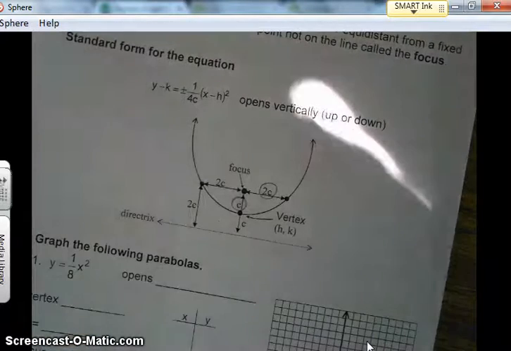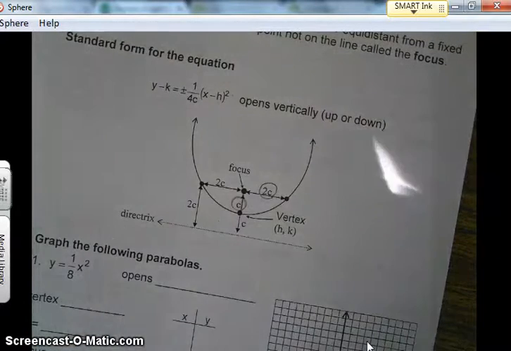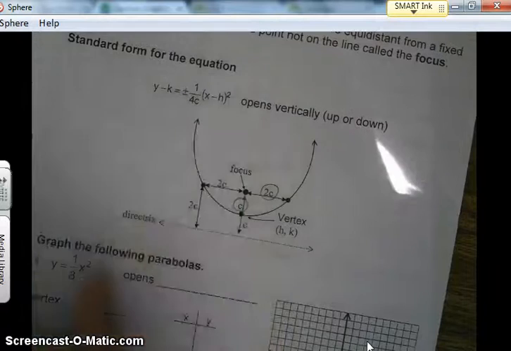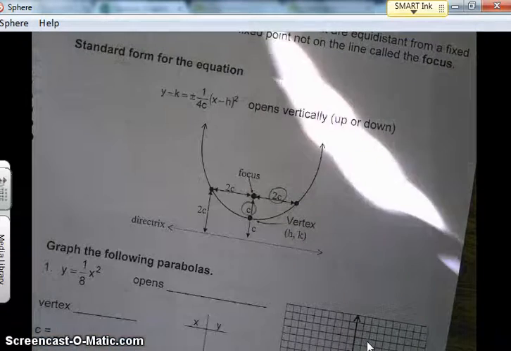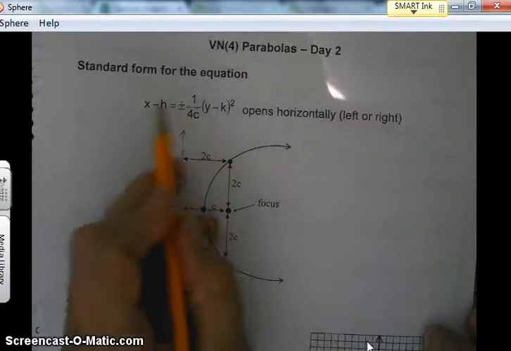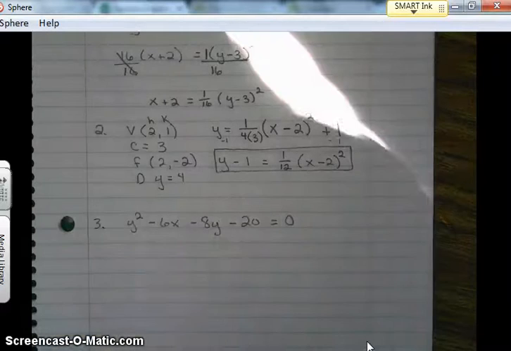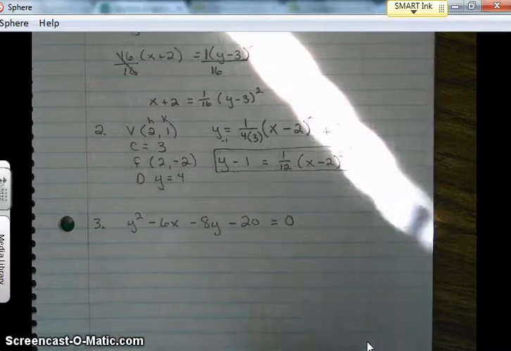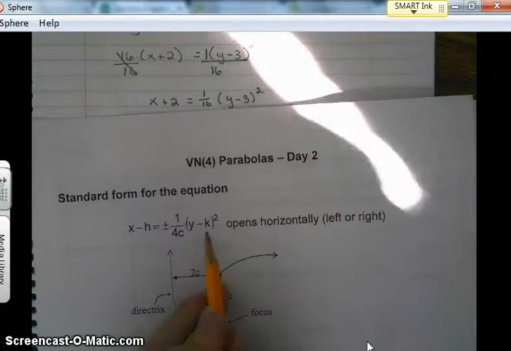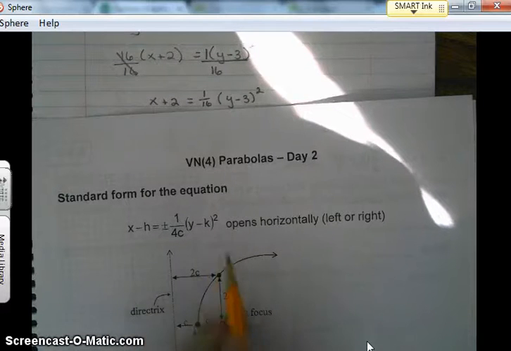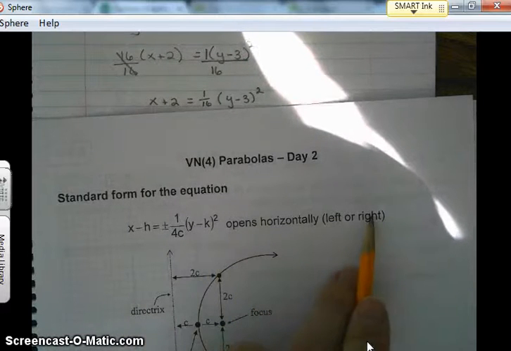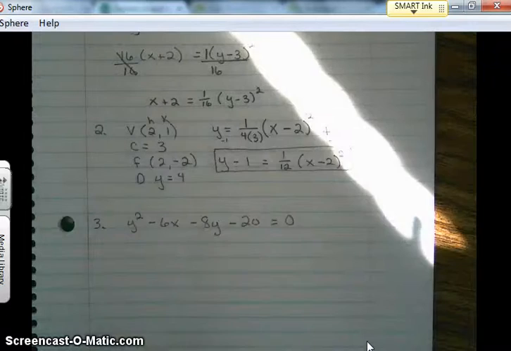Either this one here, notice they call it standard form, or it's going to be this one, depending on which letter is squared. So let's see, what's squared? Y is squared, right? So it's going to be this one right here. It's going to be a parabola that either opens to the left or to the right. So here's how you do it.